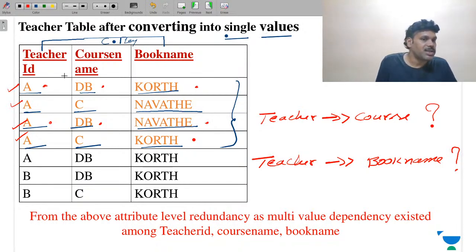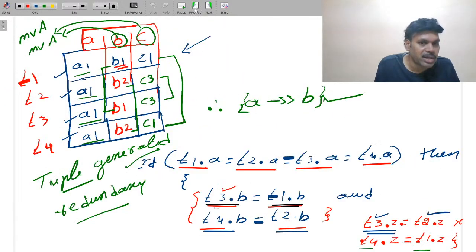What is our first condition? This is the left hand side. We are checking with the left hand side only. Teacher ID of tuple 1 is equal to tuple 2 is equal to tuple 3 is equal to tuple 4, they are same. When they are same, then two other conditions should be checked. What are the two other conditions? T3 dot second column is equal to T1 dot second column.